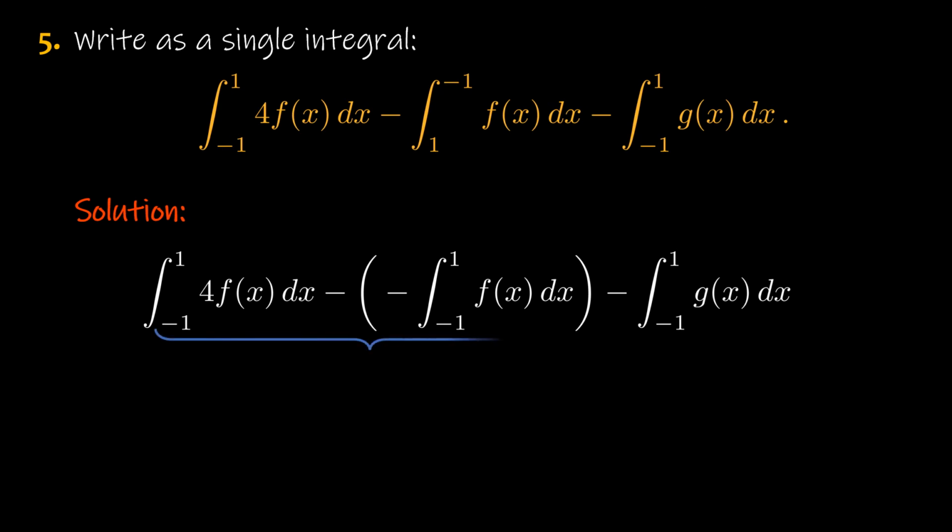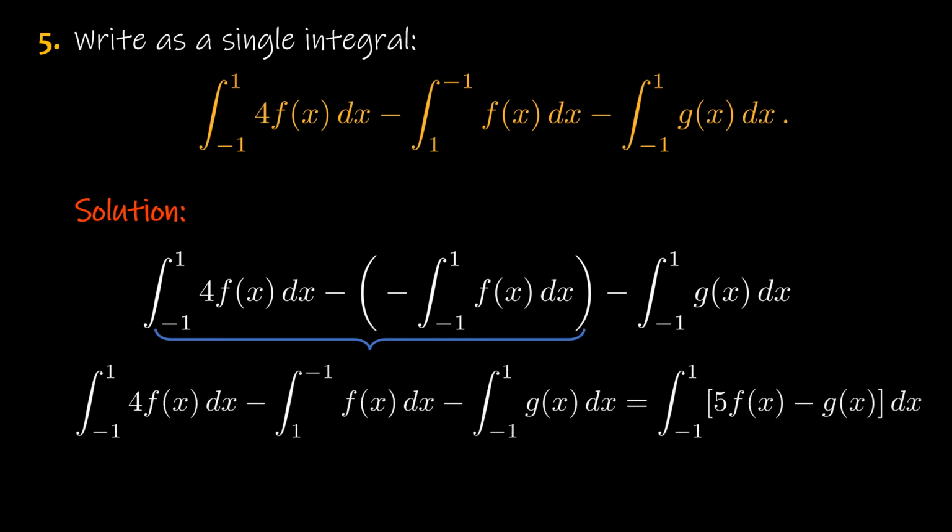Then, combine all the terms using the sum or difference property. Thus, the definite integrals are equivalent to the integral of 5 times f of x minus g of x dx, from -1 to 1.